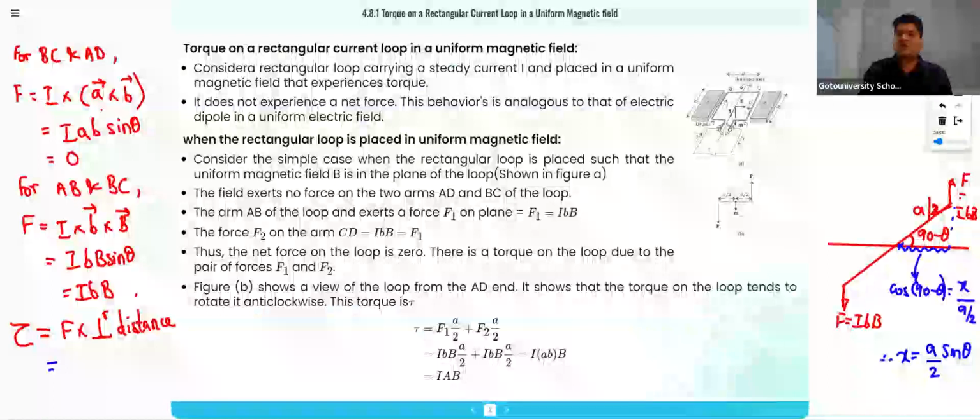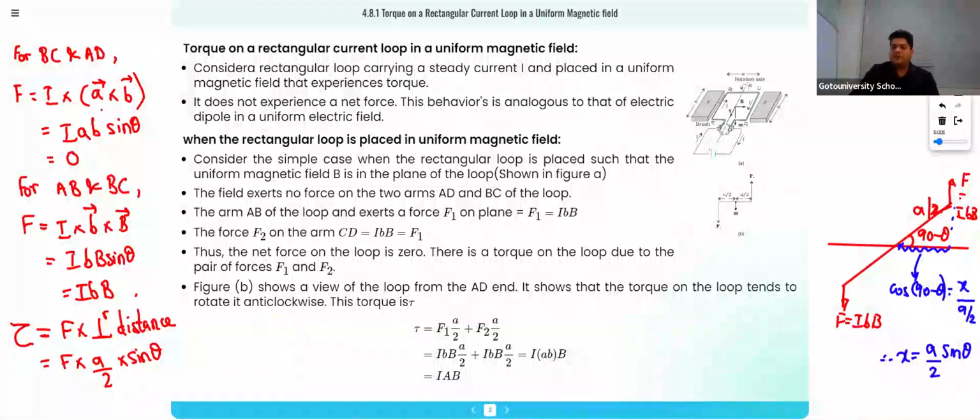So torque will be equal to force into A by 2 into sine theta.